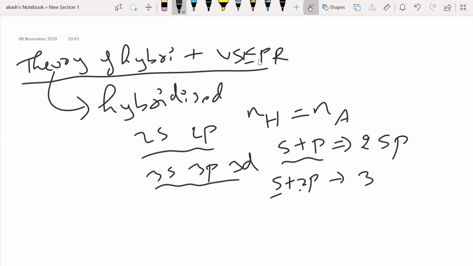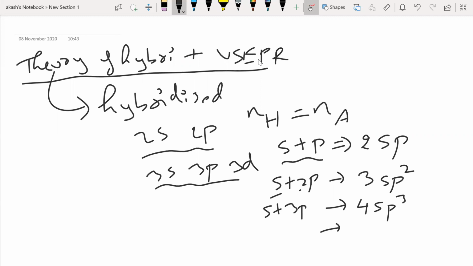One s orbital and two p orbitals give three sp2 hybridized orbitals. If I have s plus 3p orbitals combining, I can have four sp3 hybridized orbitals.